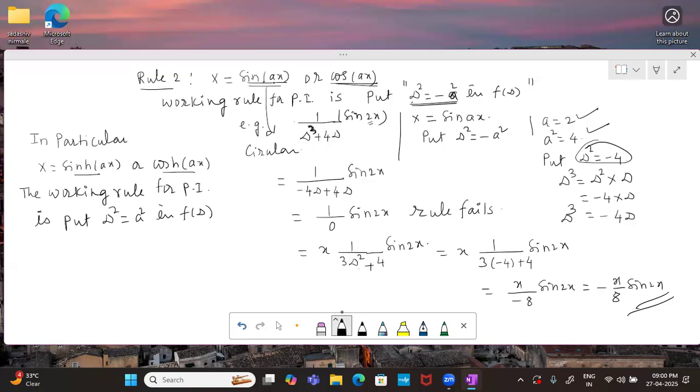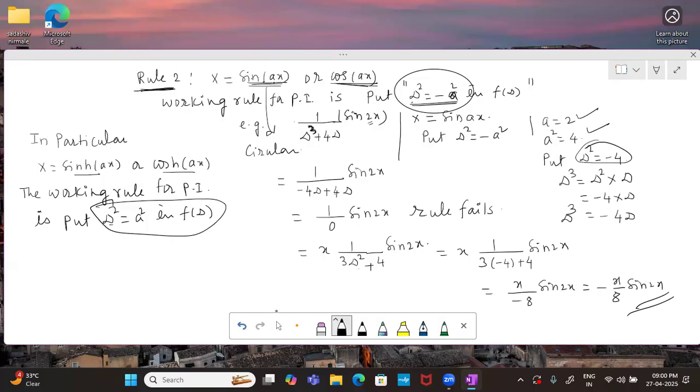So what is the difference in these two rules? In sine and cosine functions, trigonometric functions, the working rule is d square is equal to minus a square. But in hyperbolic functions, the rule is d square is equal to plus a square. That is the only difference. So that is rule number 2 to find the PI.